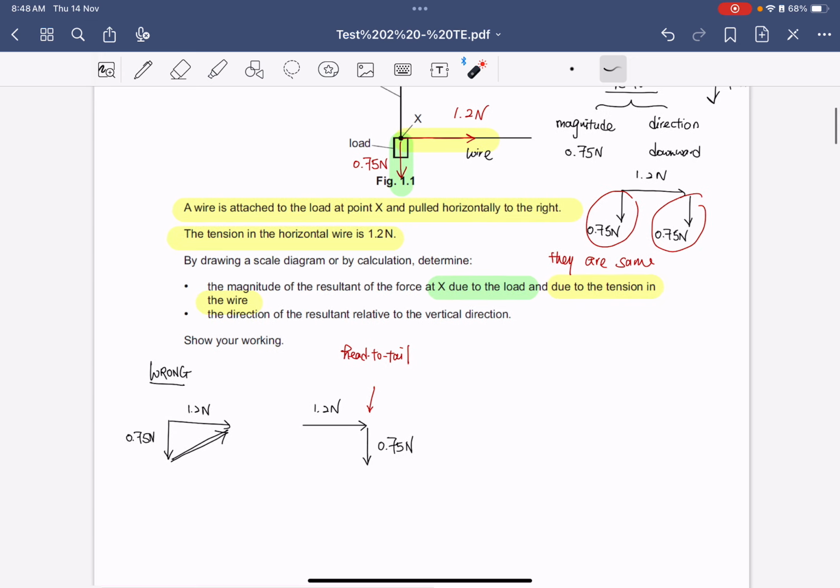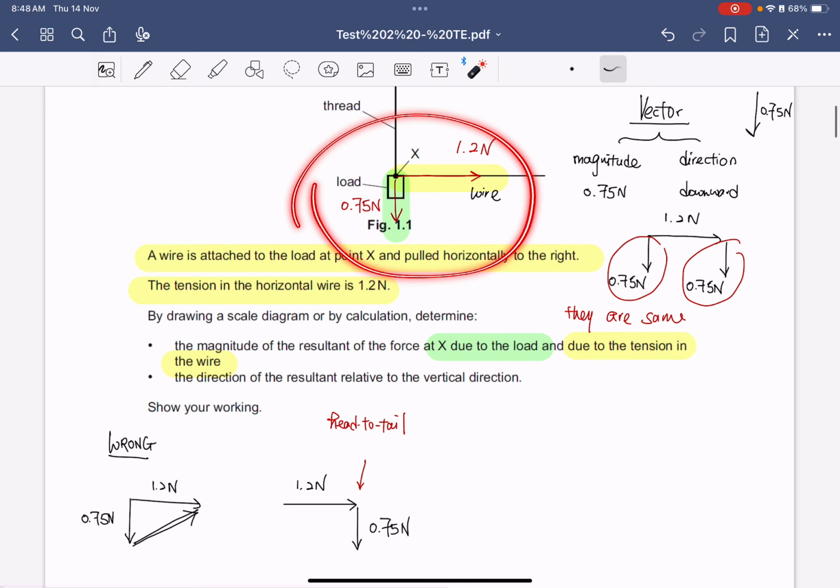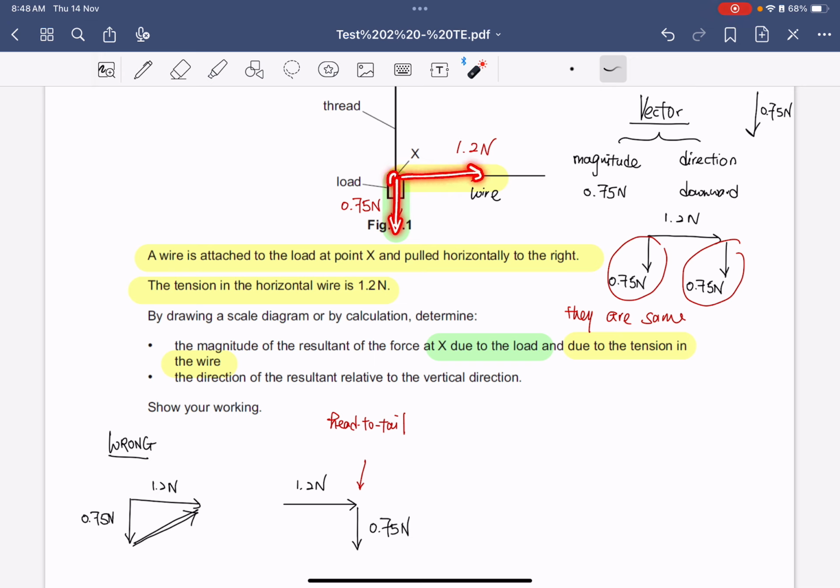Now having that in mind, when you draw the free body diagram, the force diagram, you will have the two tails located on the object.